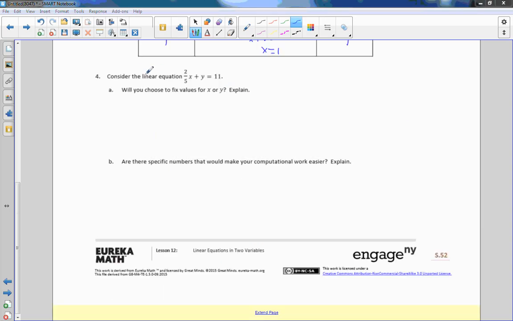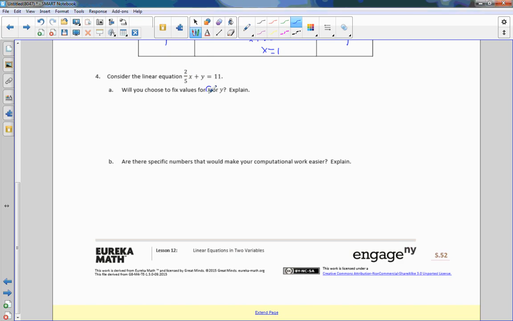Okay, so now it says consider the linear equation 2/5 x plus y equals 11. A, will you choose to fix values for x or y? So I look up here, y is 1, and x is 2/5. So if I choose values for x, I can get rid of this fraction, and it makes it easier.